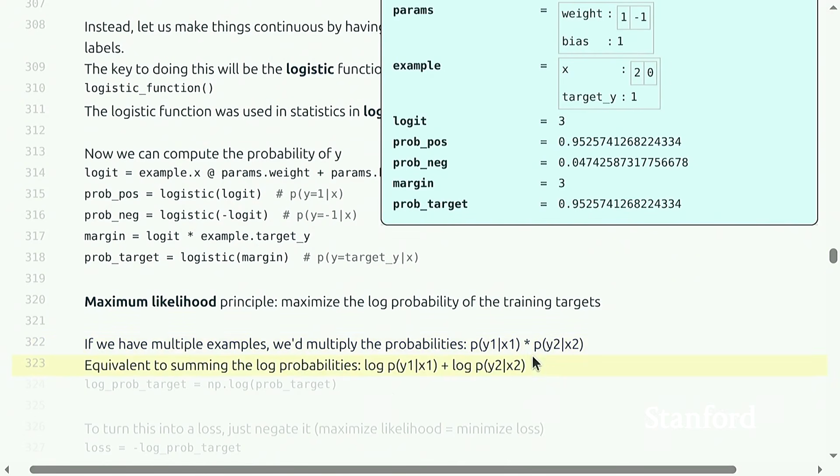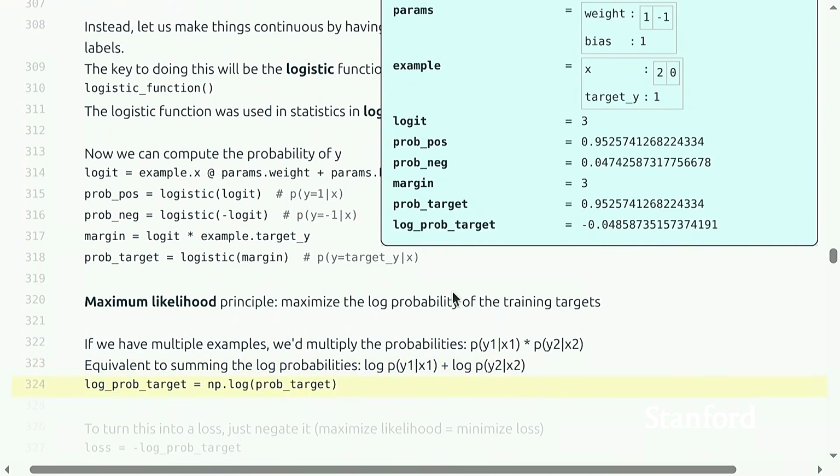This is equivalent to summing the log probabilities, because if I take the log of a product, that's equal to the sum of the logs. So therefore, I'm trying to make some progress toward defining the logistic loss. So now I'm going to look at the log probability of the target, not just the probability.